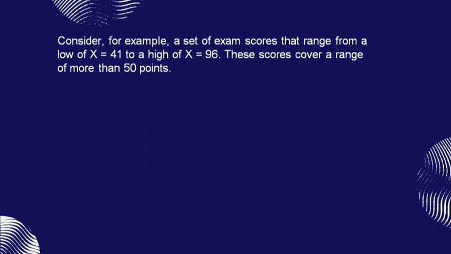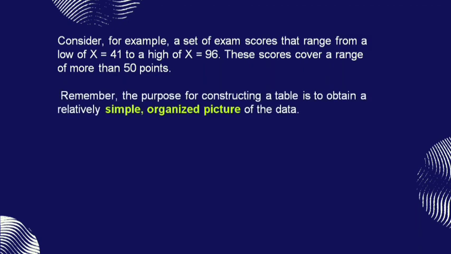Consider, for example, a set of exam scores that range from a low of X equals 41 to a high of X equals 96. These scores cover a range of more than 50 points. Remember, the purpose for constructing a table is to obtain a relatively simple, organized picture of the data.